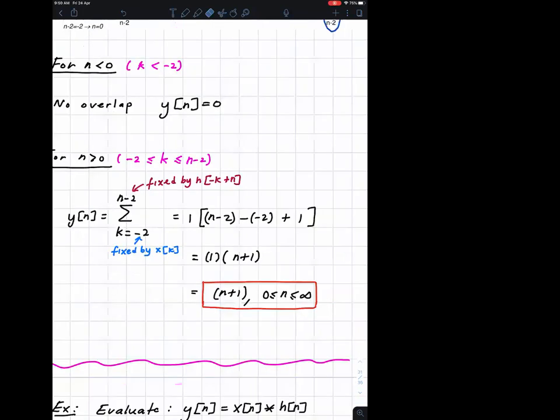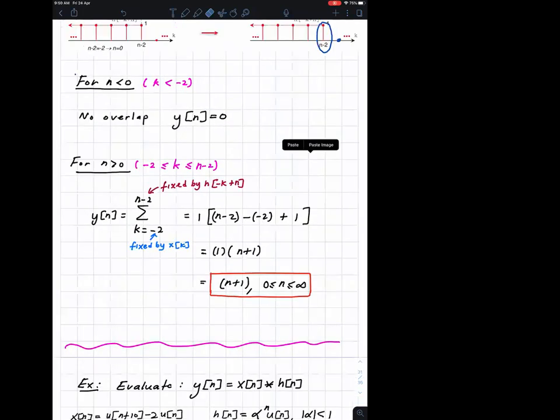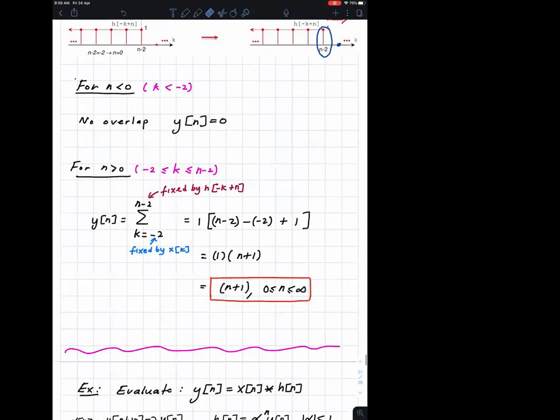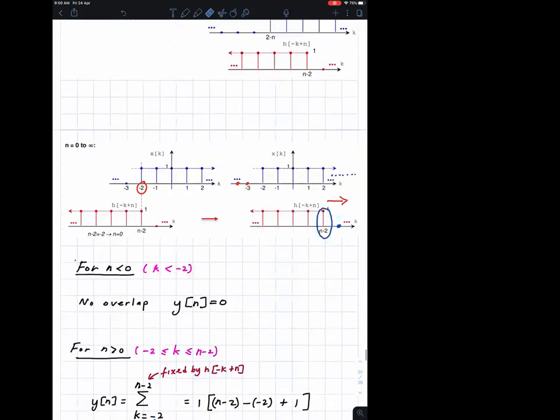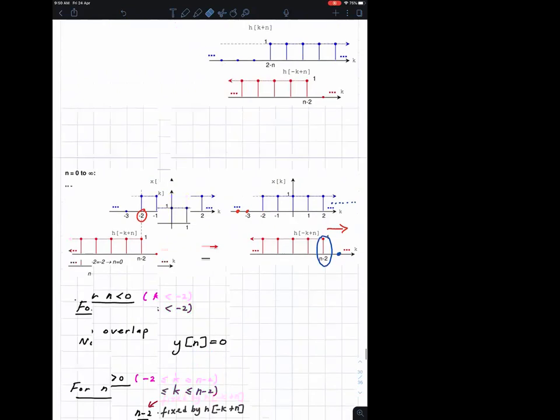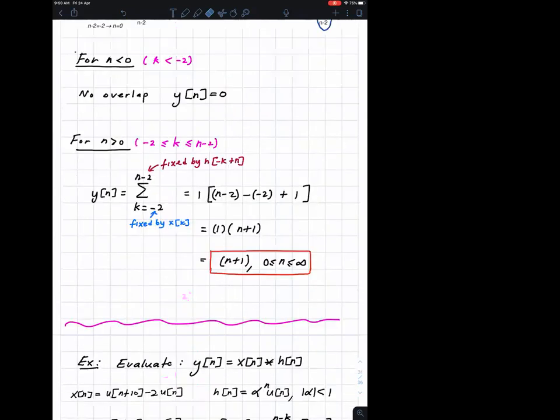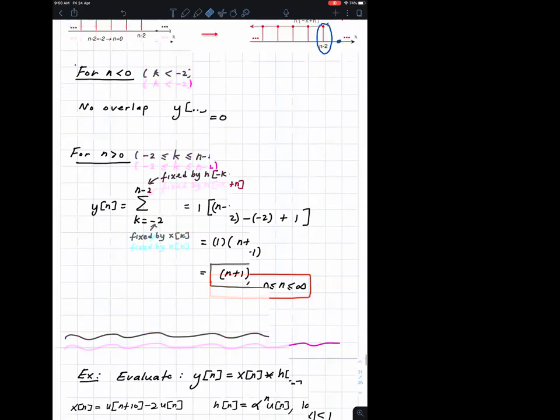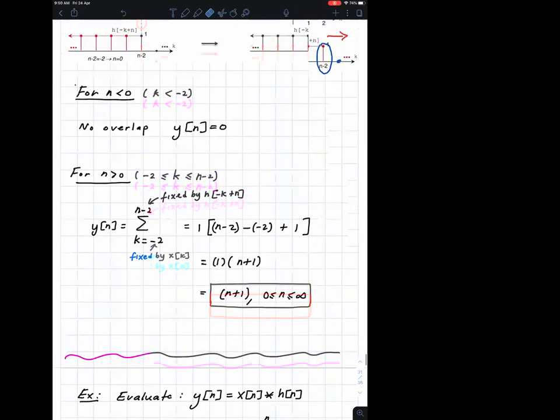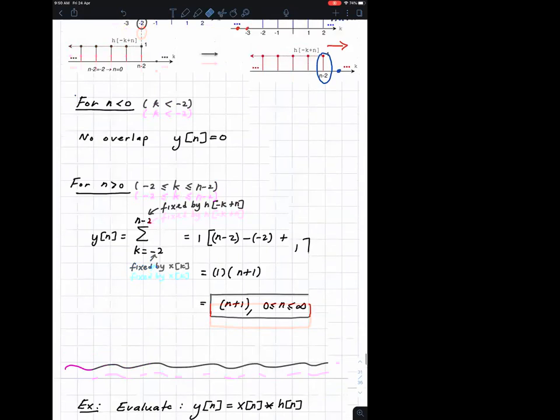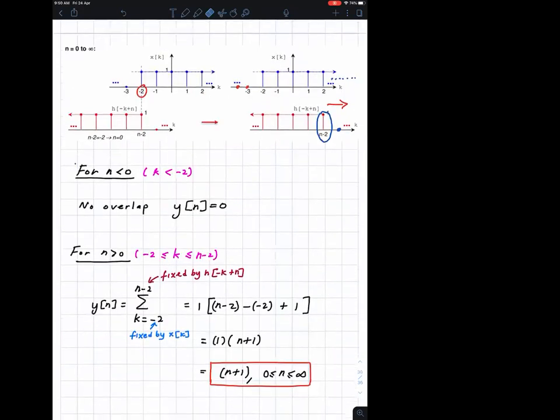The range of values for n: the lowest value for n is 0. The highest value for n, if you come and look here, n can be any value up to infinity.